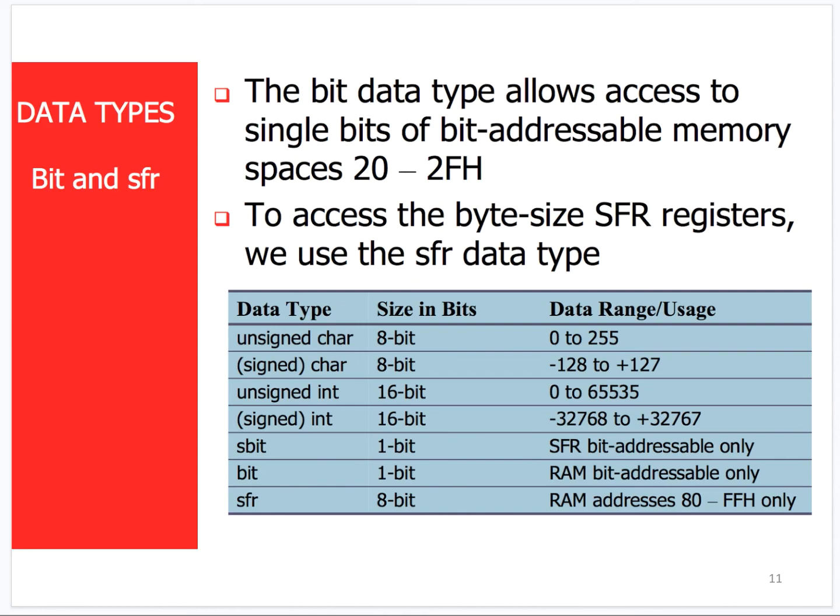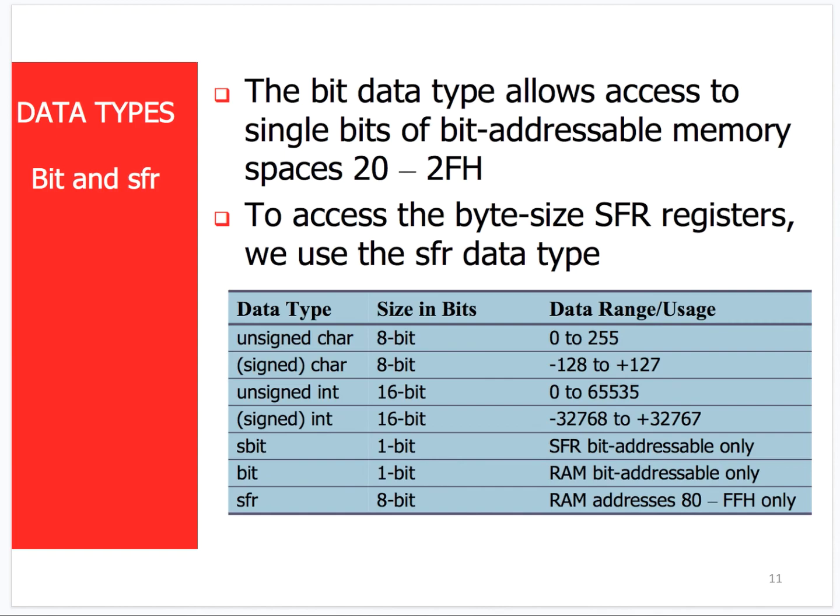Unsigned char is 8 bits in size, with a data range of 0 to 255. Signed char is also 8 bits in size, but it has a data range of negative 128 up to positive 127.